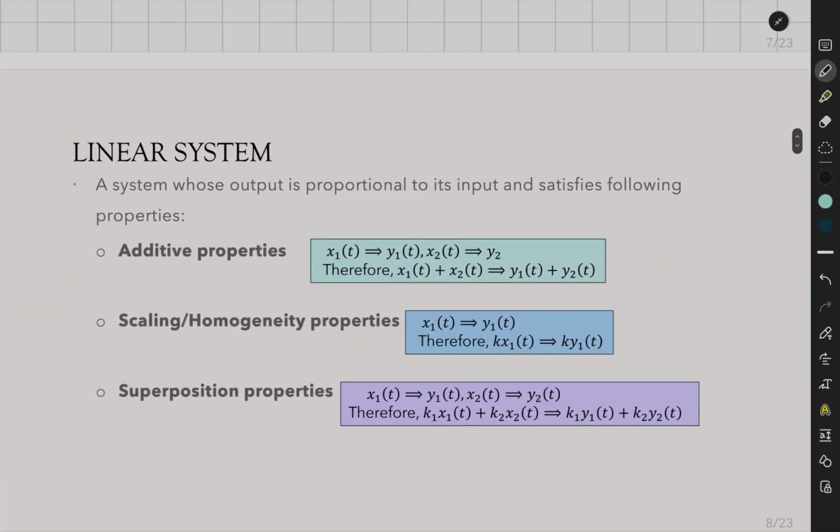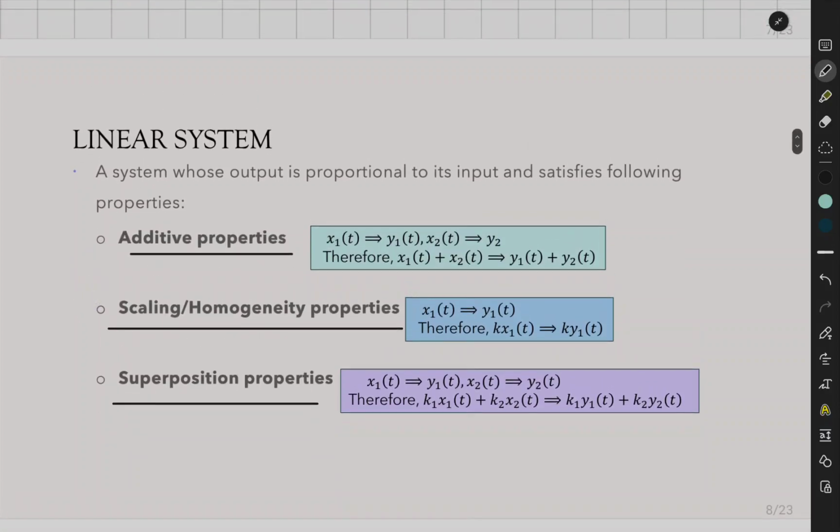Okay, so now we learn about linear systems and non-linear systems. A linear system is one whose output is proportional to its input and satisfies the following properties: additive property, scaling or homogeneity property, and superposition property.